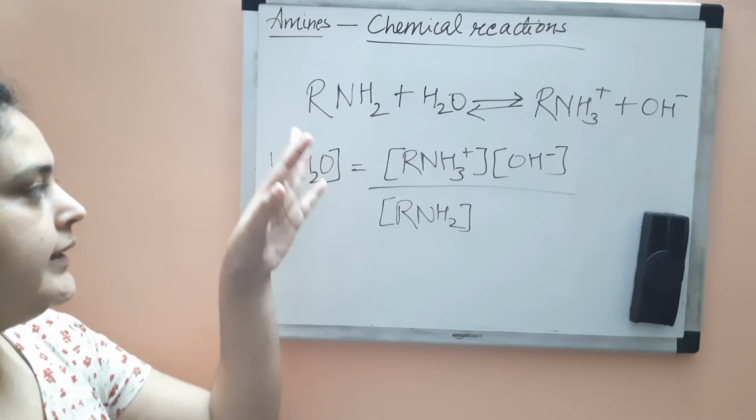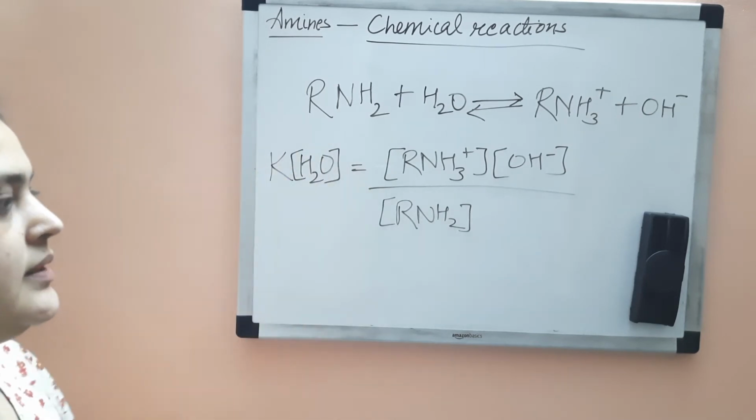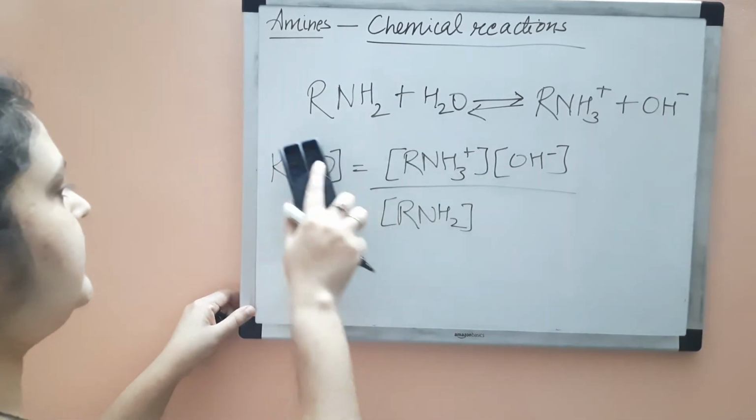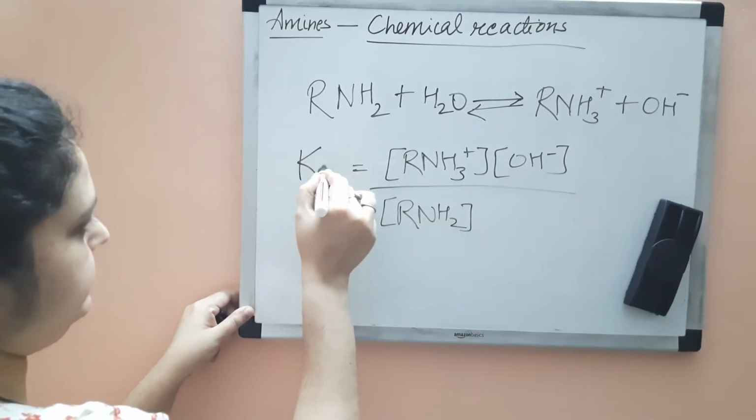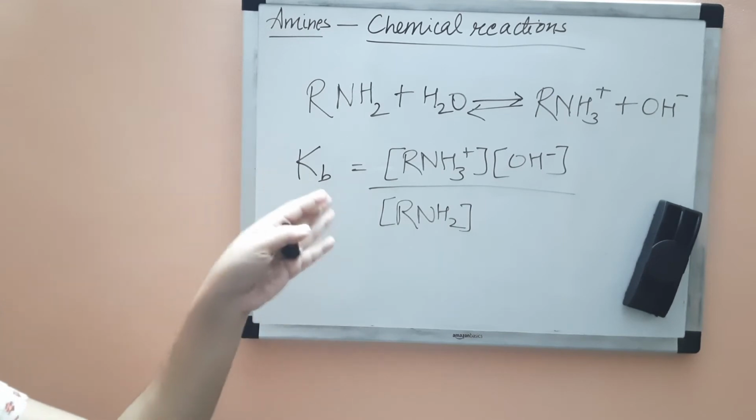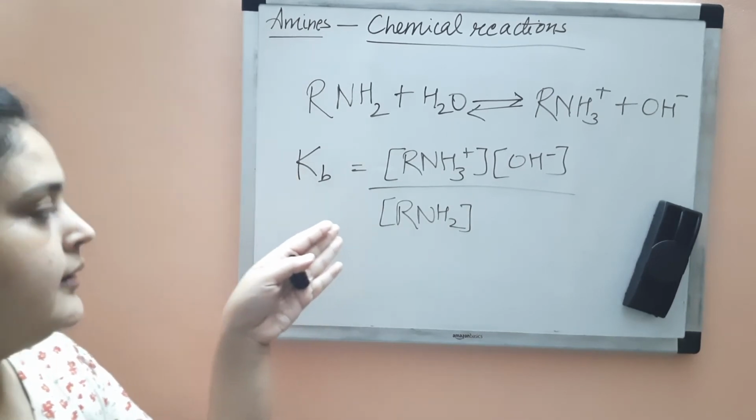Now this whole thing, K into H2O concentration, can be said to be Kb. Now what is Kb? Kb is the dissociation constant of the base, right?